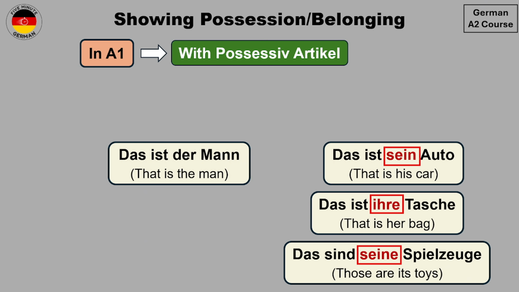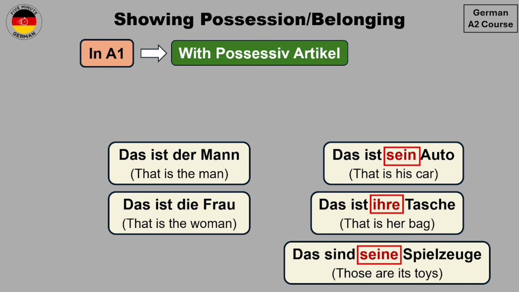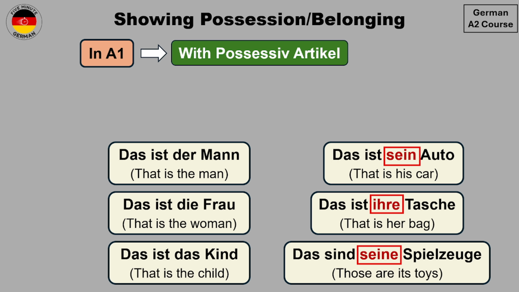And then I can say, das ist sein Auto, that is his car. For the second case, since it is ihre, which means her, so I can say, das ist die Frau, that is the woman. And then, das ist ihre Tasche, that is her bag. For the third sentence, I can say, das ist das Kind, that is the child, das sind seine Spielzeuge, those are its toys.